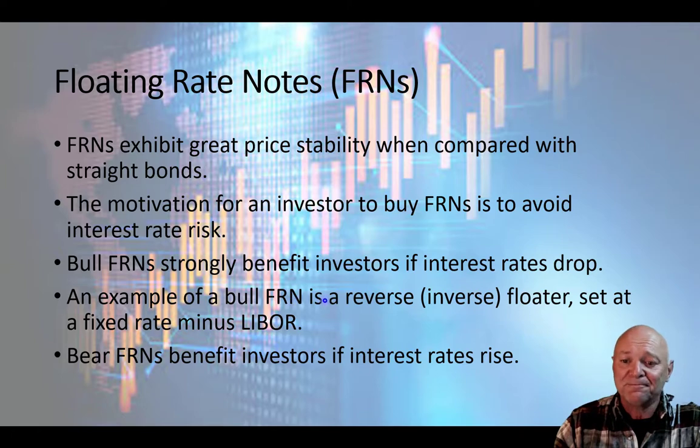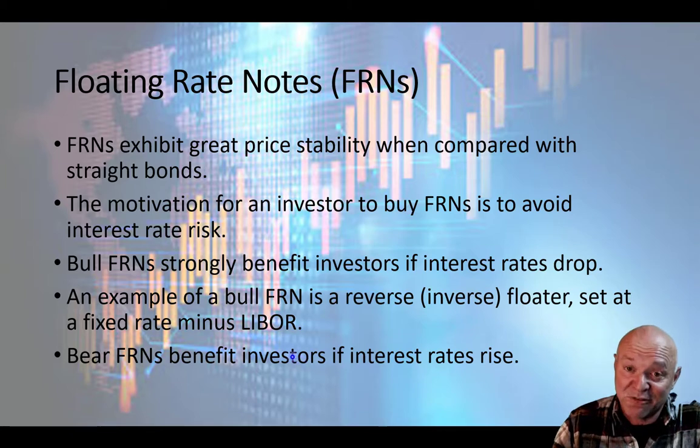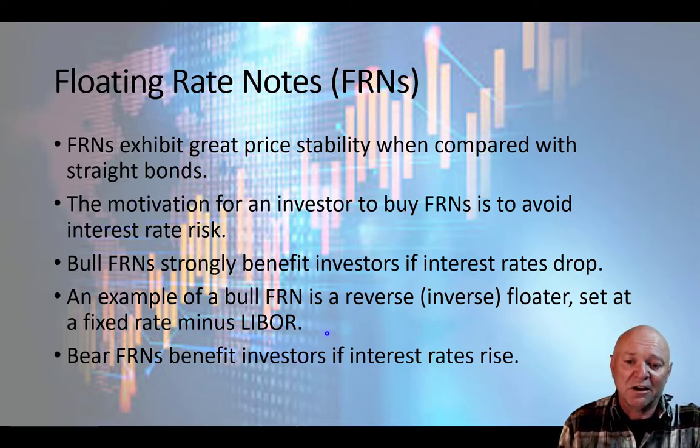A bull FRN, also known as a reverse floater, is set at a fixed rate minus LIBOR. And a bear FRN benefits investors if the interest rates rise, and that would be an FRN floater with a fixed rate plus LIBOR.